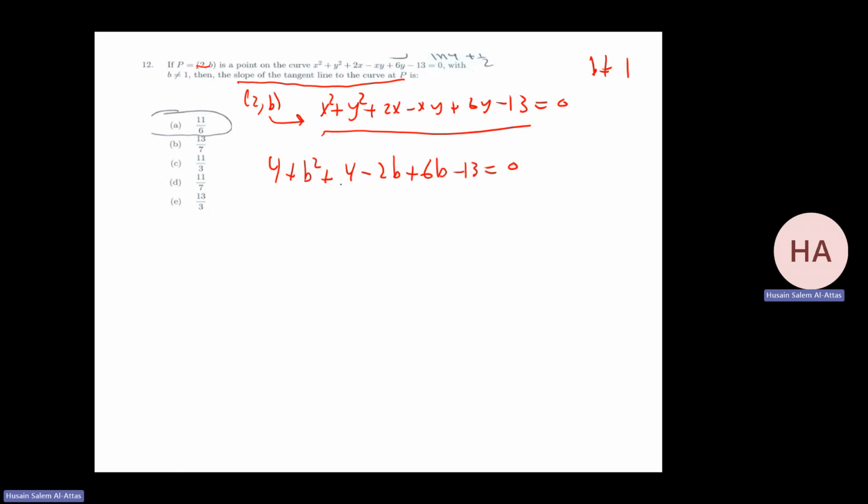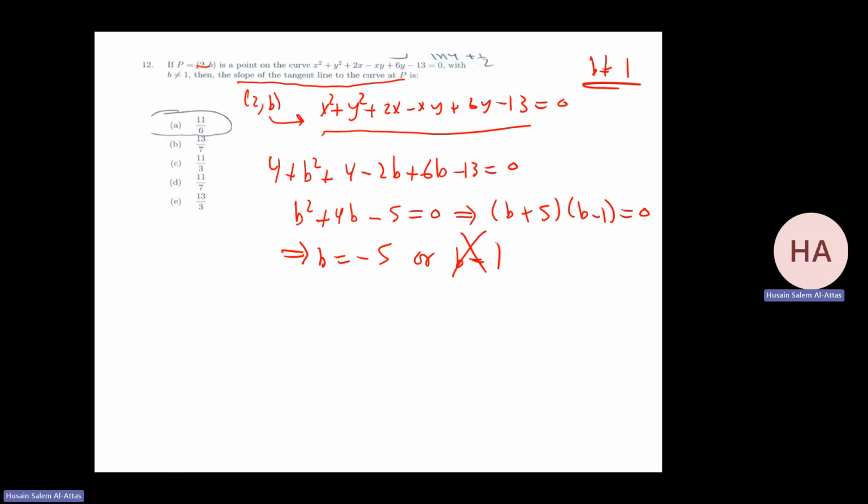So I have b squared plus 4b, 8 minus 13 minus 5 equals 0. Solve for b: b plus 5 times b minus 1 equals 0. I get b equals minus 5 or b equals 1, but he said b not equal to 1, so this is rejected. So b equals minus 5.